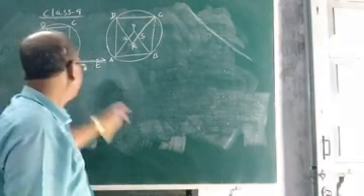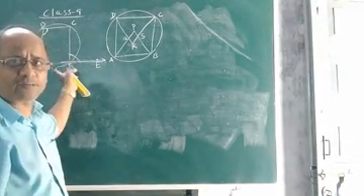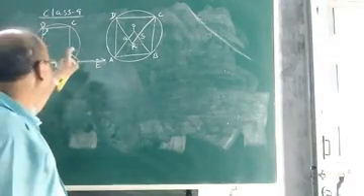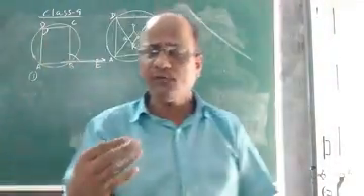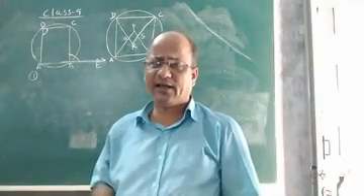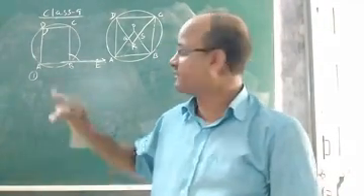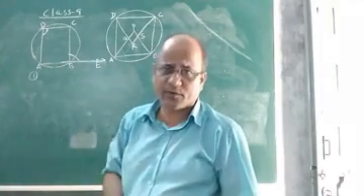Now how to prove that this exterior angle formed by producing or extending one of the sides, that is AB, of this cyclic quadrilateral, is equal to its interior opposite angle. That means we want to prove that in a cyclic quadrilateral, when one of the sides is extended or produced, the exterior angle so formed is equal to its interior opposite angle.